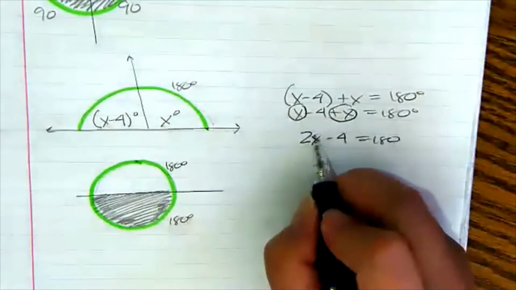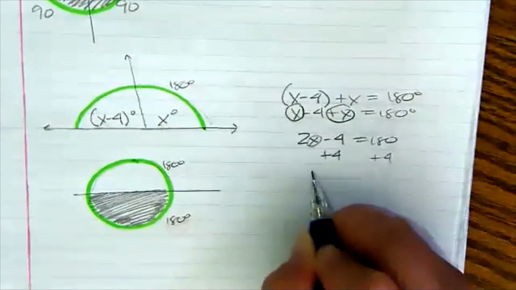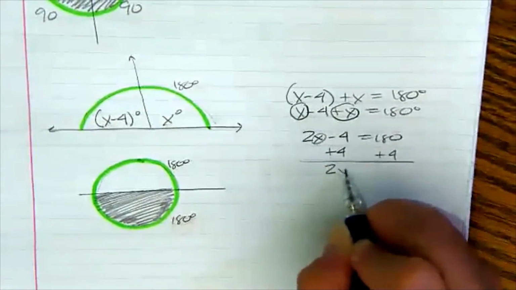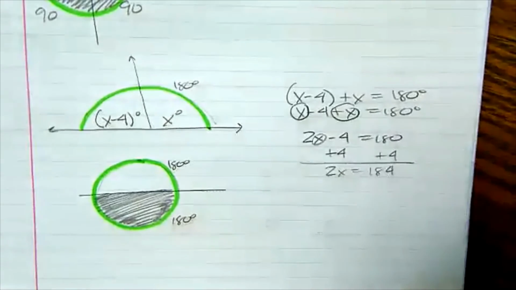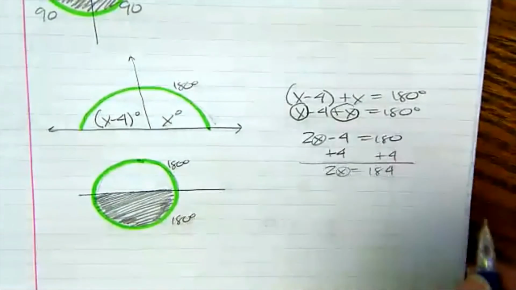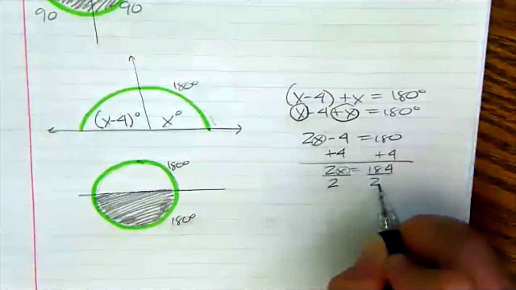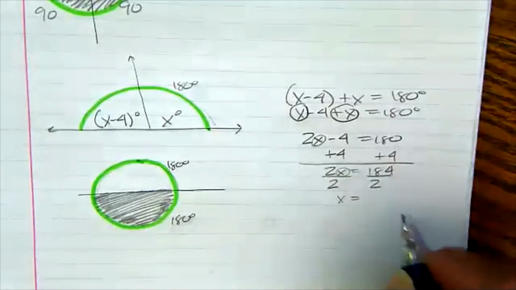I want to isolate my variables, so I'm going to add 4 here. What I do to one side, I must do to the other. I still want to isolate my variable. I'm going to divide by 2. What I do to one side, I must do to the other.